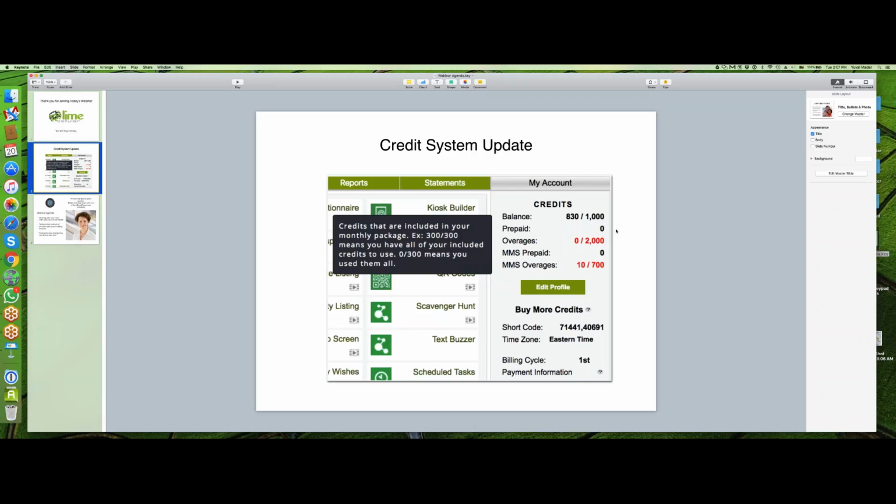So make sure you're checking your packages and your overages and overdraft limits, so you make sure that this is included in the package, and this is the limit you want them to send in total. So it's this plus this, and not just 2,000 like it was before. So again, make sure overages are at the limits you want to set them.